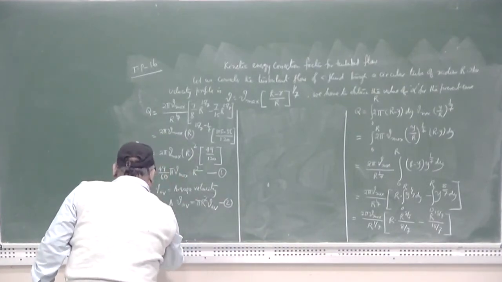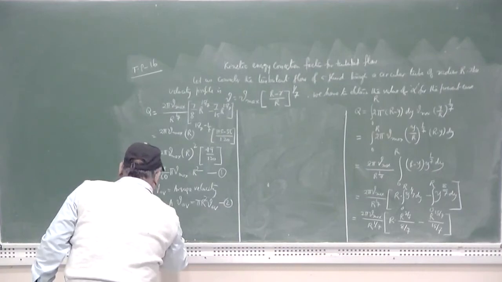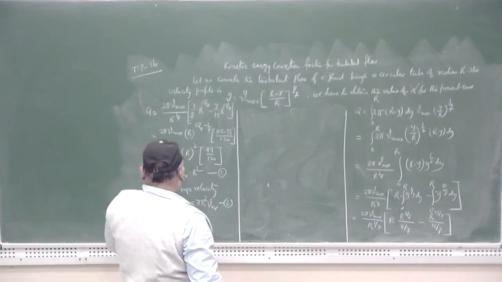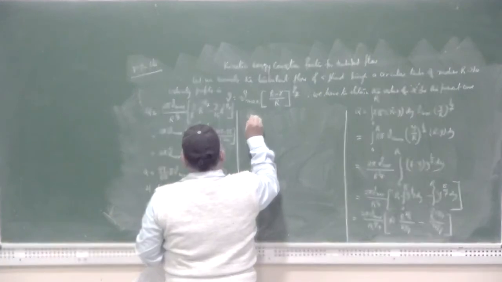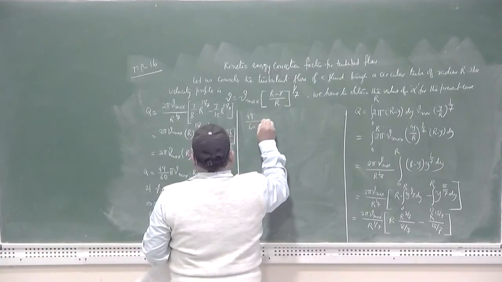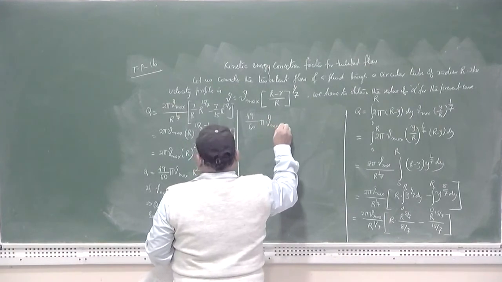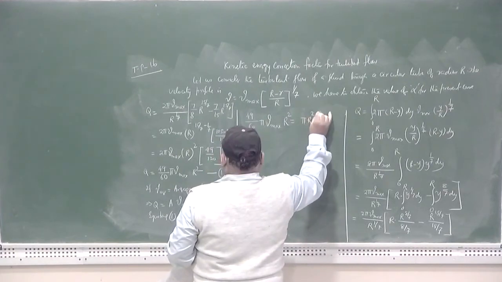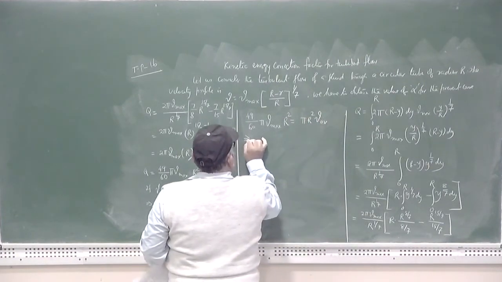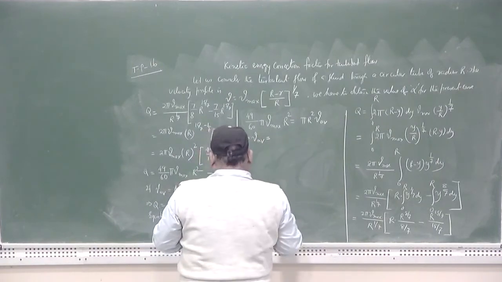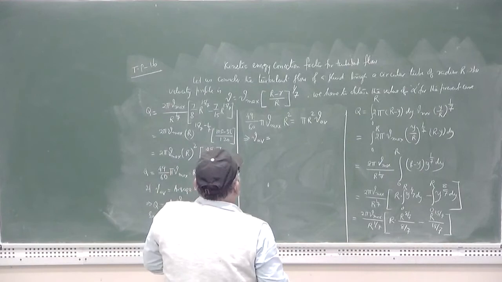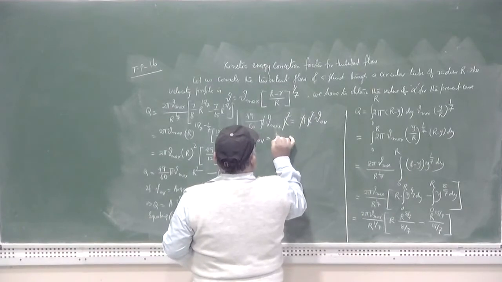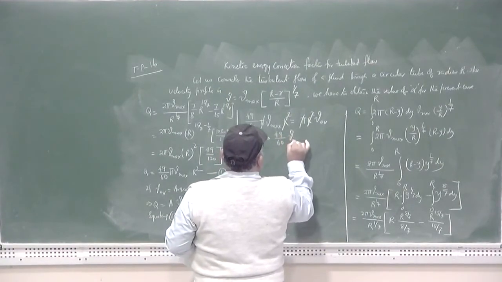So, equating 1 and 2, we are getting that 49 by 60 pi V max R square should be equal to pi R square V average. So, the expression for V average in terms of the maximum velocity, that pi R square cancel out, is equal to 49 by 60 V max.